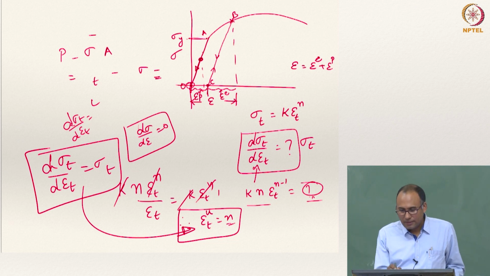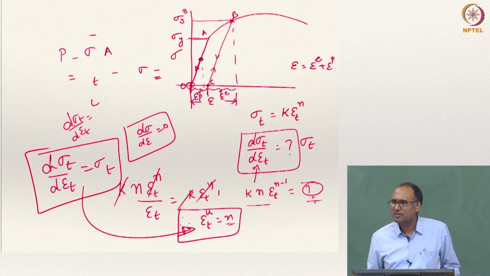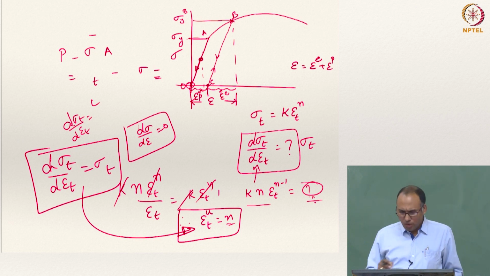Will it be this or that? What happened to the material? You have got the same material, right? Did you change the material? It was the same specimen, but now if you do this experiment, you are observing that the material has a different yield strength. How is this possible?